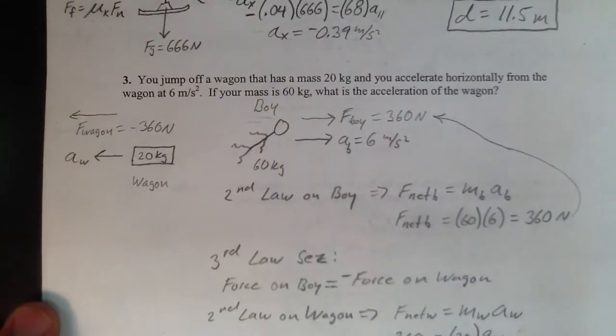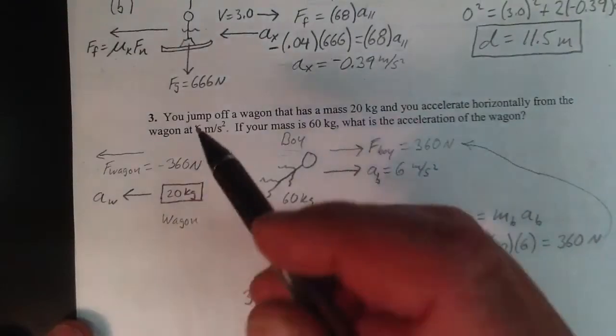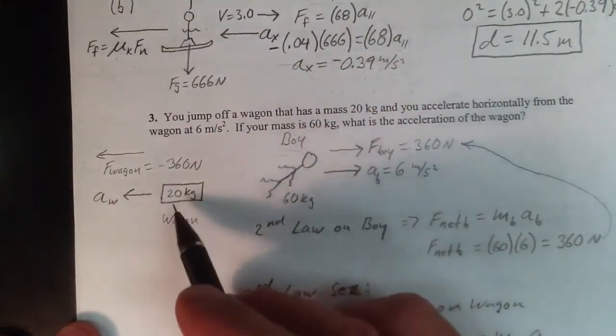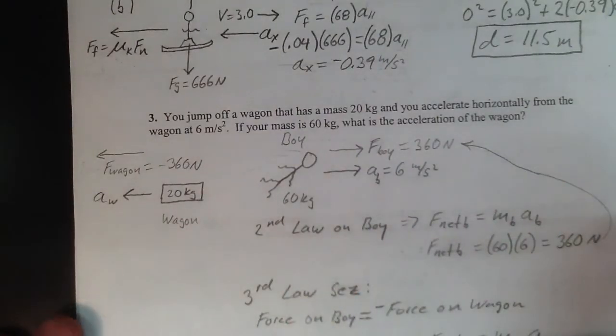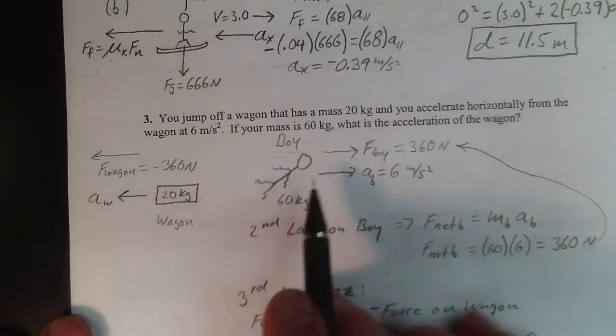All right, I've changed the wording of this problem. This should say as you jump off a wagon, meaning that the boy and the wagon are still in contact, which means it's going to be a third law problem.